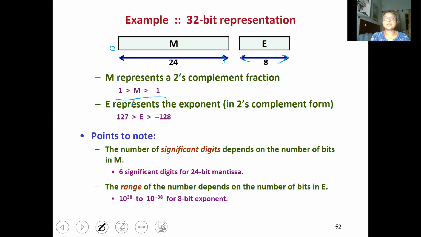Now, the point to note about this representation is that the number of significant digits depends on the size of the mantissa, the number of bits in the mantissa. If you had these 32 bits, you could have used 8 bits for the mantissa and 24 bits for the exponent.